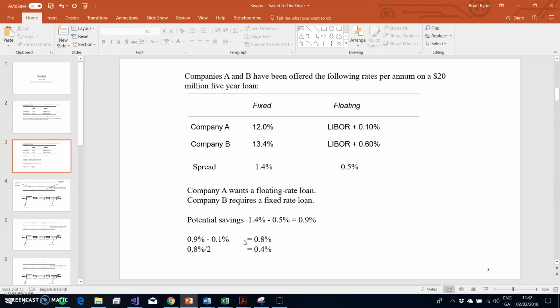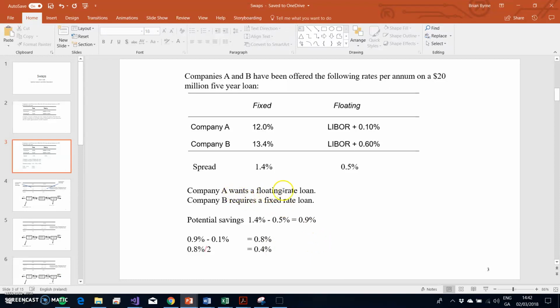Now, in structuring the swap, our starting point is that both counterparties should gain 0.4% here. Why would we say that? Because when we take the difference between the spreads, the differential is 0.9%. If we allocate 0.1 to the structurer or financial intermediary, that would leave 0.8, which when divided equally would mean borrowing costs could be reduced by 0.4%.